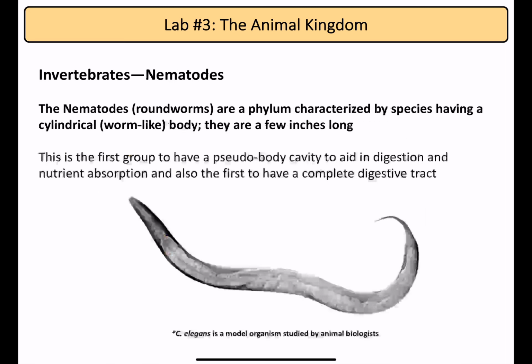Next group, also composed of worms. These are the nematodes, also known as the roundworms. These are worms with a more cylindrical shape, very small, largely live in soil.